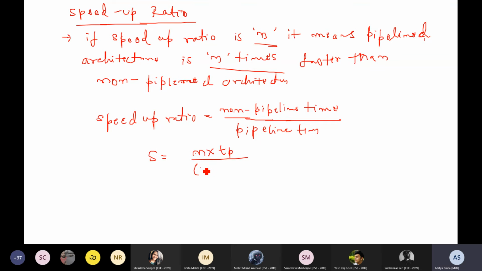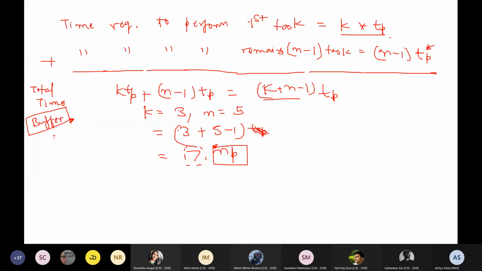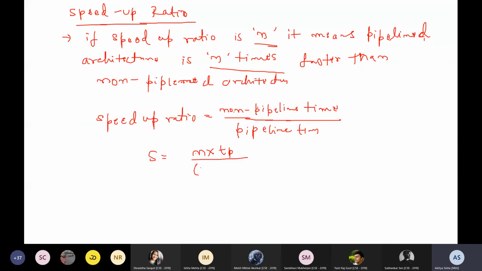We just calculated for n tasks. Just calculated how much is it? K plus n minus 1 TP, K into TP minus 1 TP, right? This is the speed up ratio.